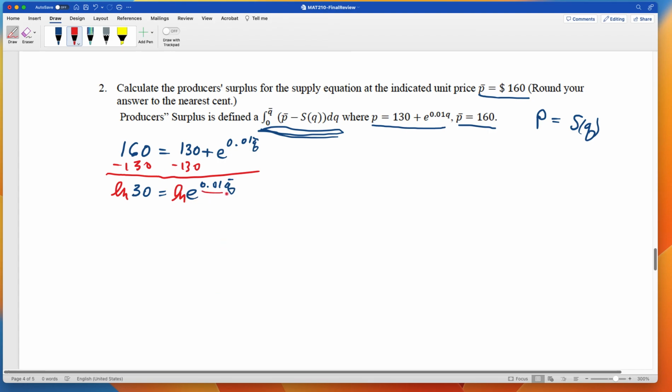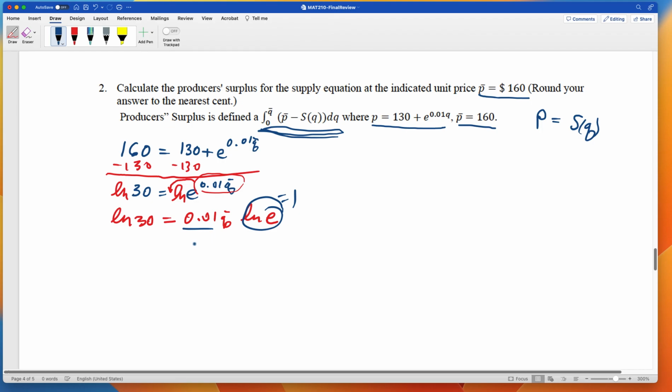And when we do that, using the rules of logarithms, the exponent will come down in front. So we have natural log of 30 equals 0.01 Q bar, natural log of e. Natural log of e is 1. So 1 times this is itself.